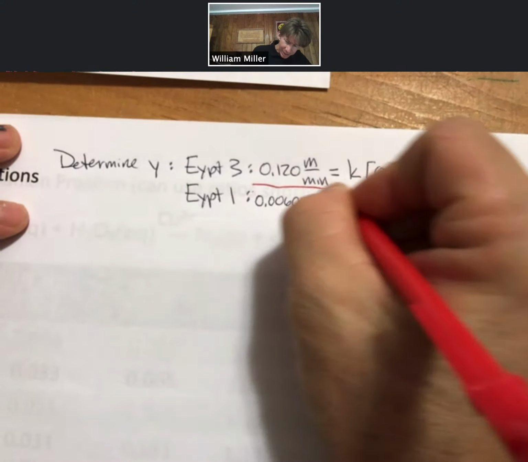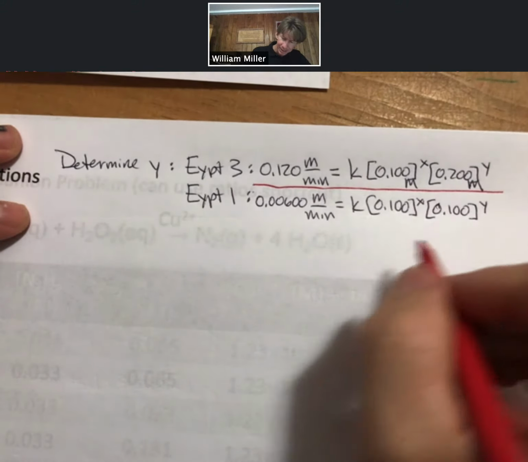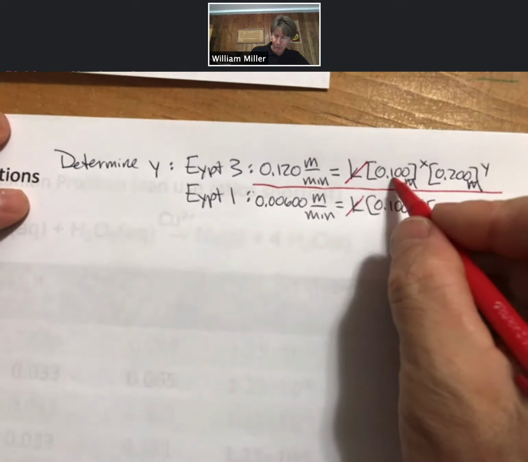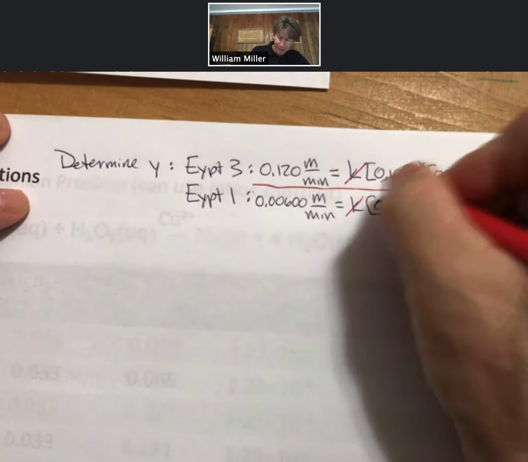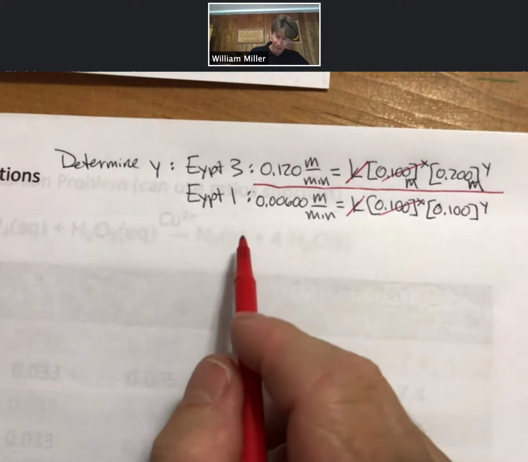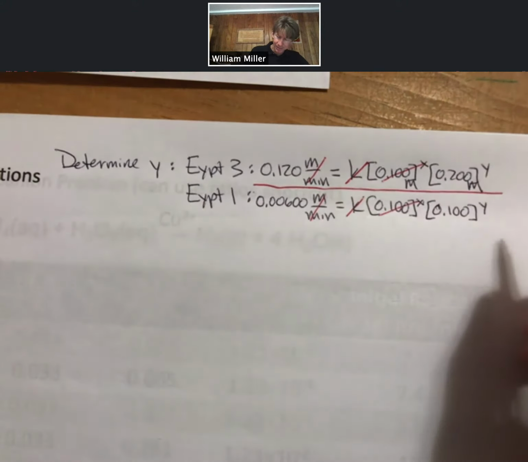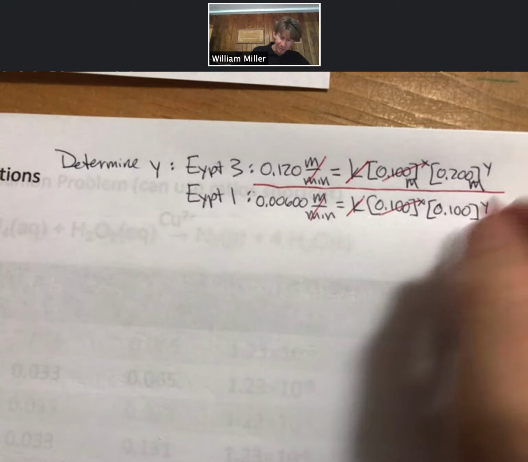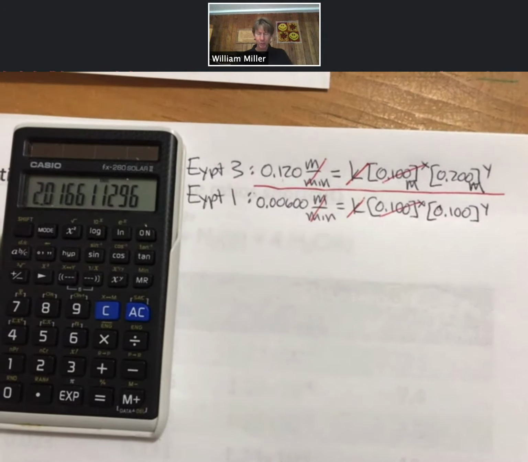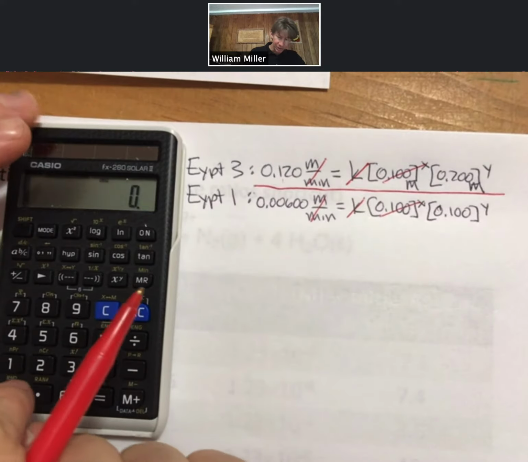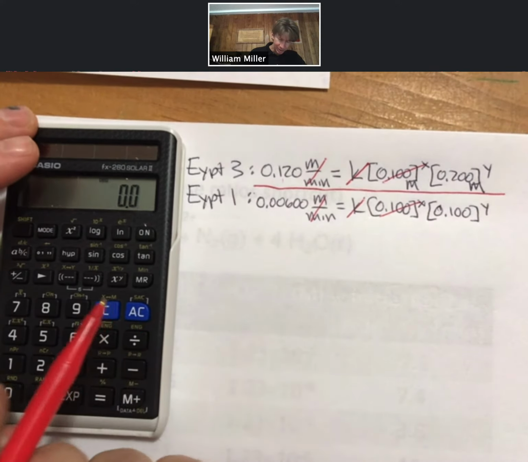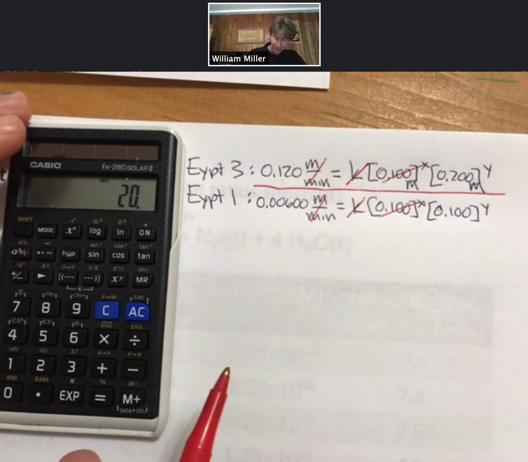I'm going to divide my 2 again. I see that my K's cancel out. My 0.100 to the X's cancel out. And I'm left with, my units canceling out, this ratio, 0.12 divided by 0.006 equals 20.